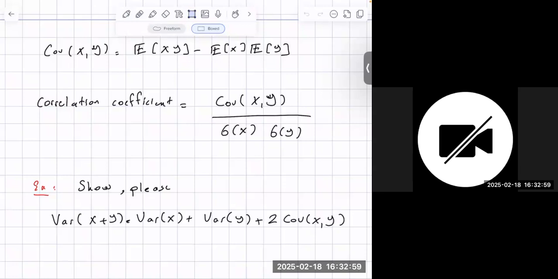Let's say I got two random variables, x and y, and I sum them. Then I want to understand what happened to their variance after I sum them up. So what was variance for a single random variable?